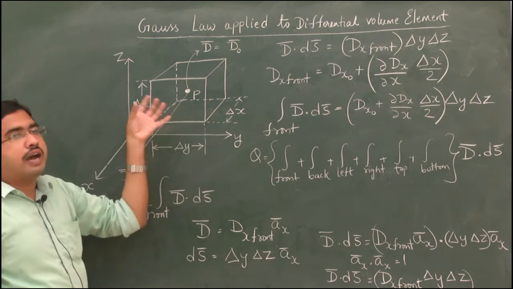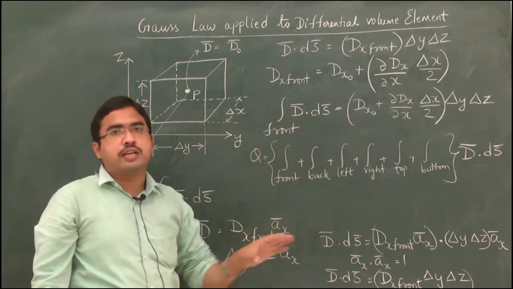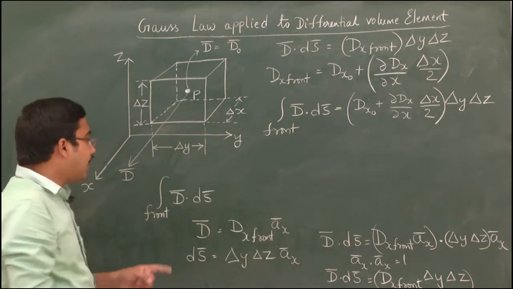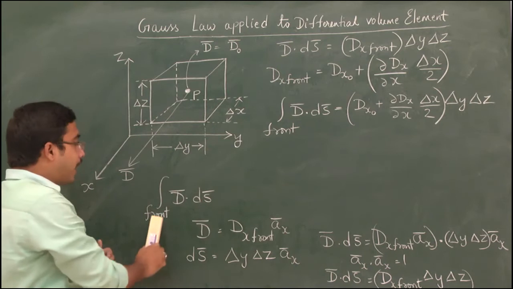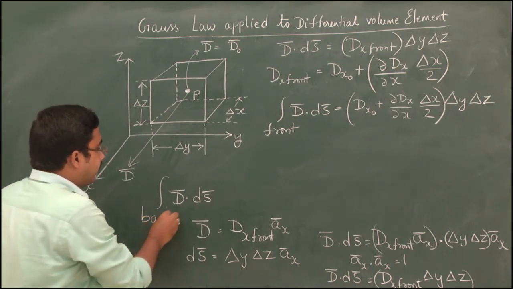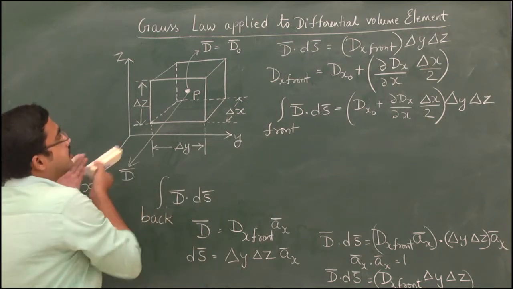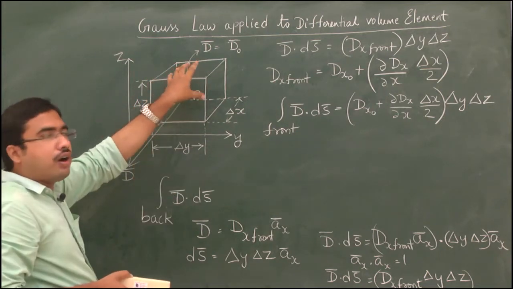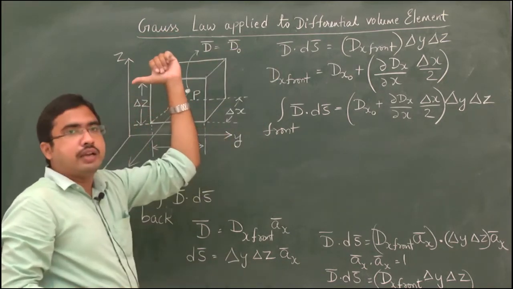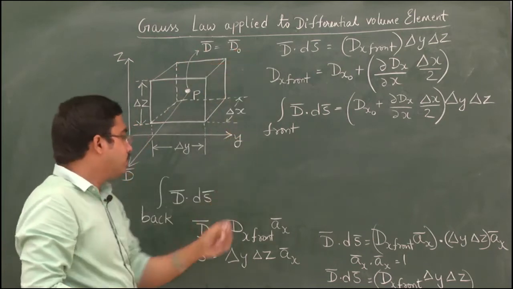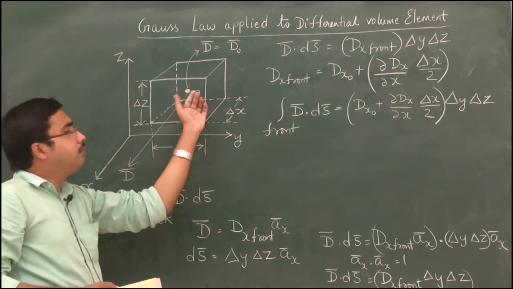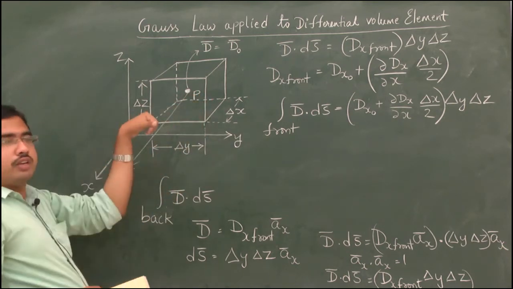Okay. Similarly, we can calculate D bar dot dS bar for the back side also. Let us do that. So now let us calculate D bar dot dS bar for the back side. If you observe this volume from the back, the back side will appear, which will again be towards the x axis only. If you are considering from the front side, D bar will be towards me.